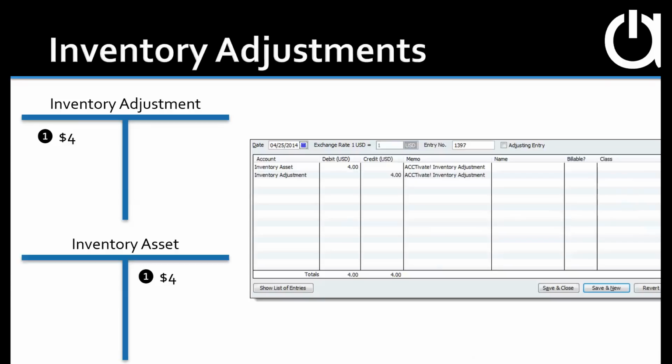So there should never, ever, ever be a journal entry. We've actually asked for it to be like accounts receivable and accounts payable, where you cannot do a journal entry without allocating or picking a customer or vendor. We've asked for the same thing with inventory, where you can't do a journal entry to inventory directly.